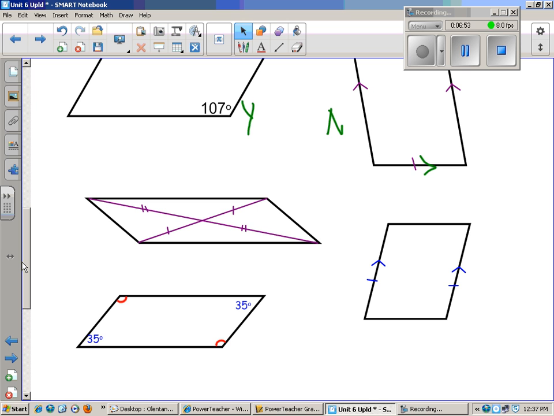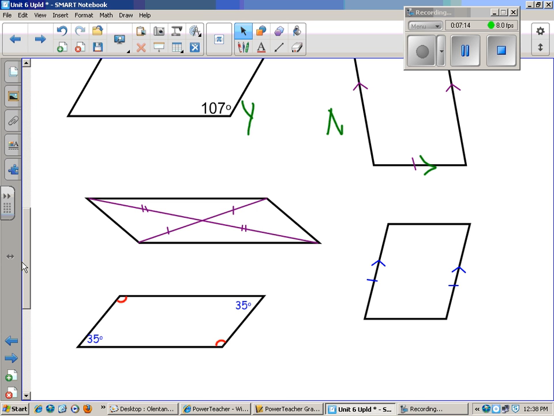We don't know about the sides. What do we know about? What are those purple things? Starts with a D. Somebody help them out? What are those purple things?